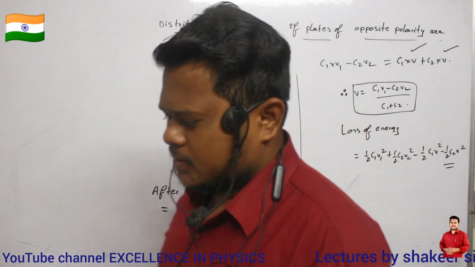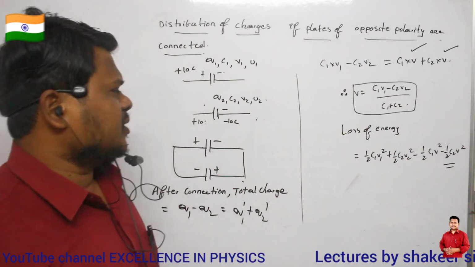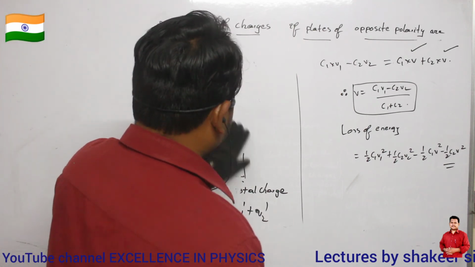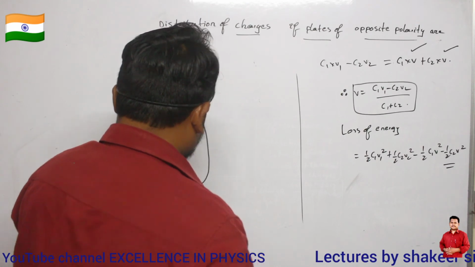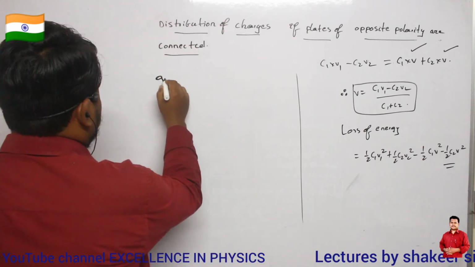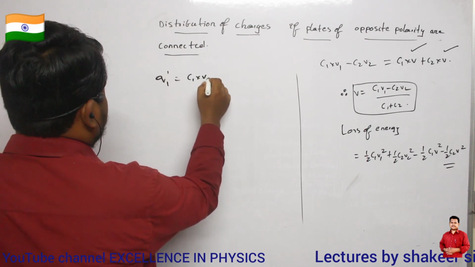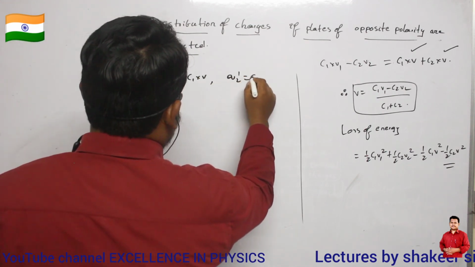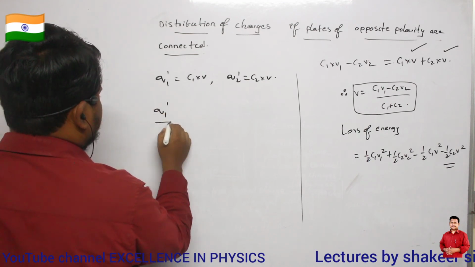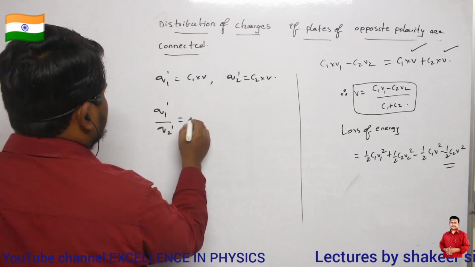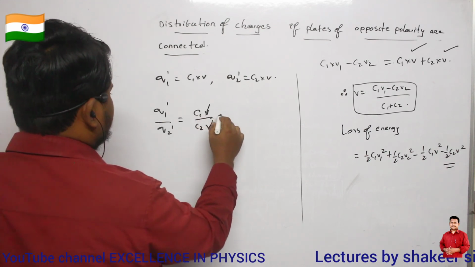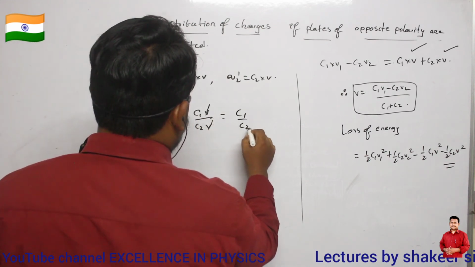So similarly, we can also calculate the final charge on each capacitor. Q1 dash is equal to C1 into V, Q2 dash is equal to C2 into V. So Q1 dash divided by Q2 dash is equal to C1V divided by C2V. V gets cancelled, so we get C1 divided by C2.